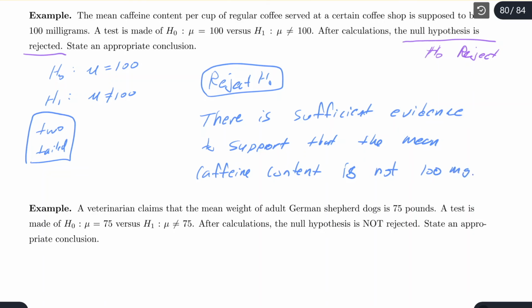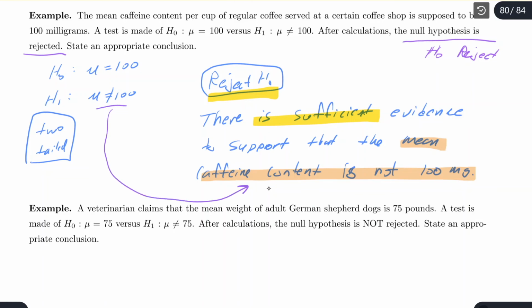So let me highlight this again. Reject means there is sufficient evidence. And this portion here, mean caffeine not equal to 100 milligrams, we're literally just writing the alternative hypothesis in words.